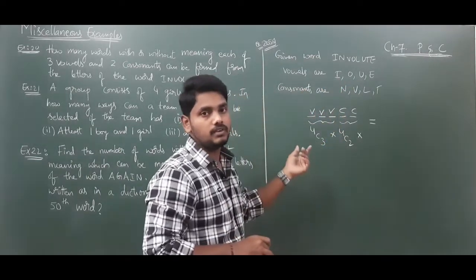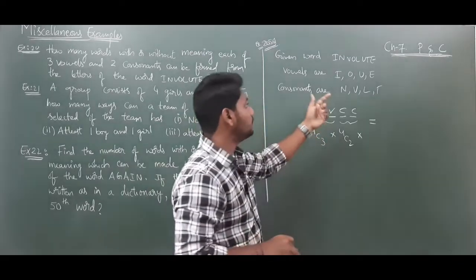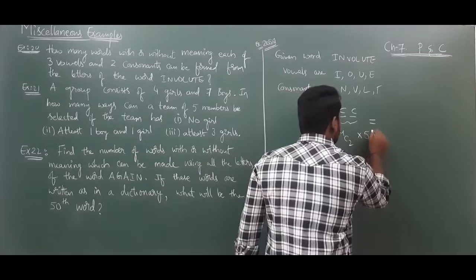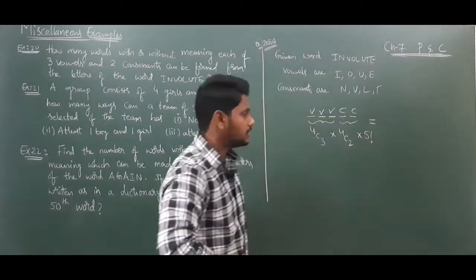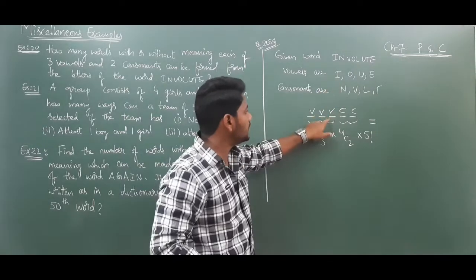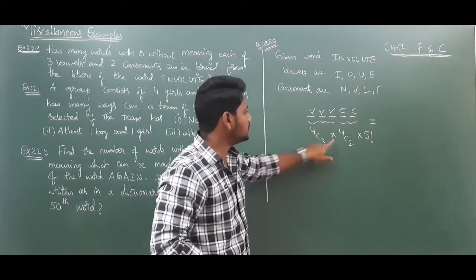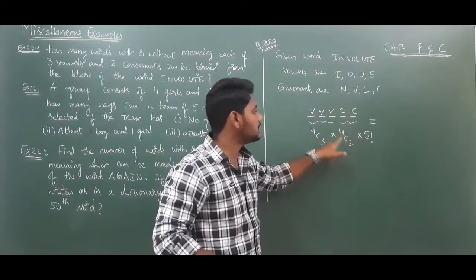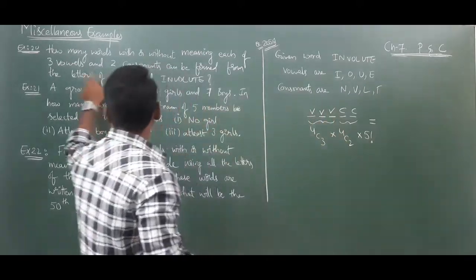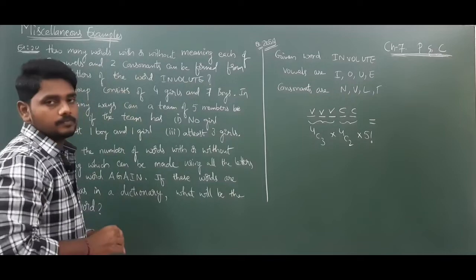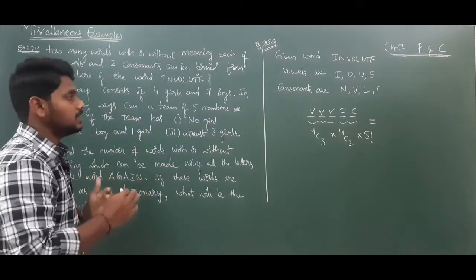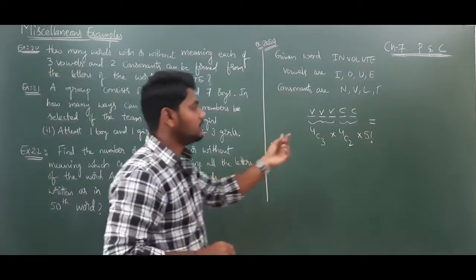So those 5 vowels and consonants can be arranged in 5 factorial ways. Observe here. These 3 vowels can be selected in 4C3 ways, into 2 consonants we can select from 4C2 ways, into. So those will become 5, right? 3 vowels and 2 consonants, so those 5 are different. So those 5 will be themselves arranged in 5 factorial ways.